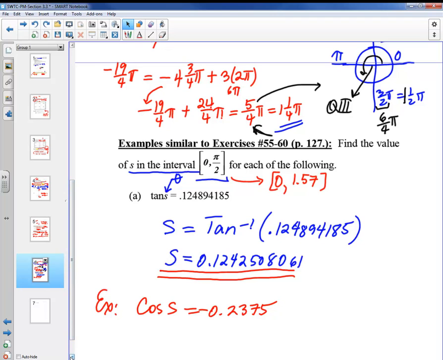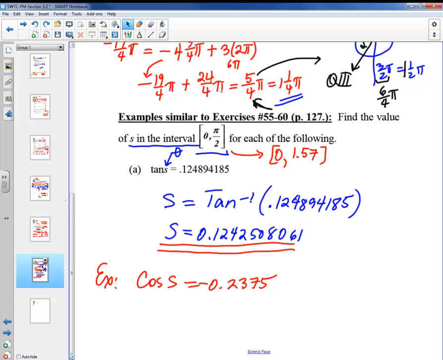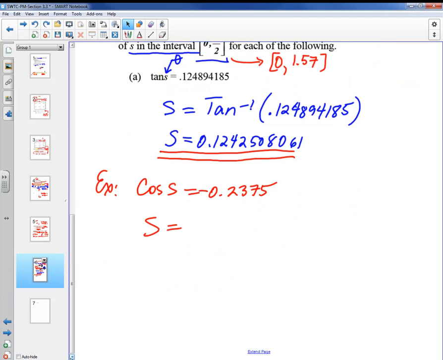It would be as simple as writing S as inverse cosine of negative 0.2375. So I'm going to do it on the calculator. I press second cosine of negative 0.2375.